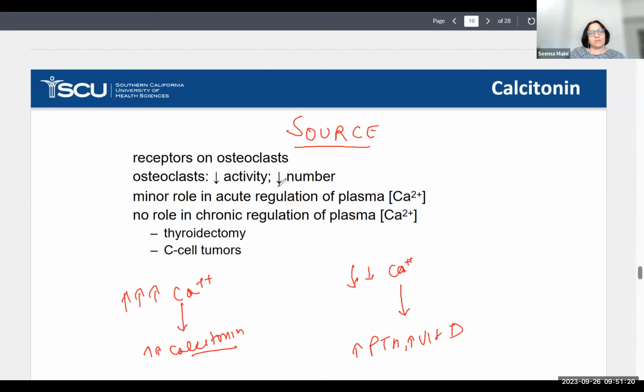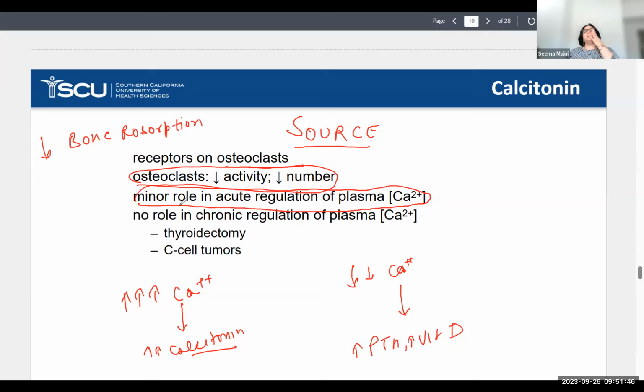What are the actions of calcitonin? Calcitonin has its receptors on osteoclasts and it decreases osteoclastic activity, okay? That means it decreases bone resorption, right? Although you have a question on this, it has a minor role in acute regulation of plasma calcium ions.